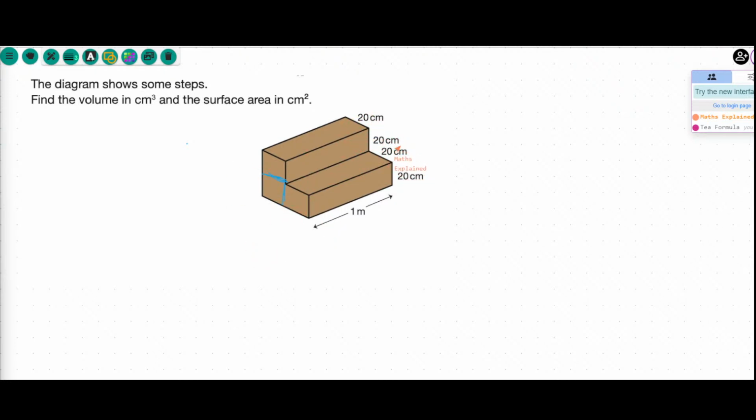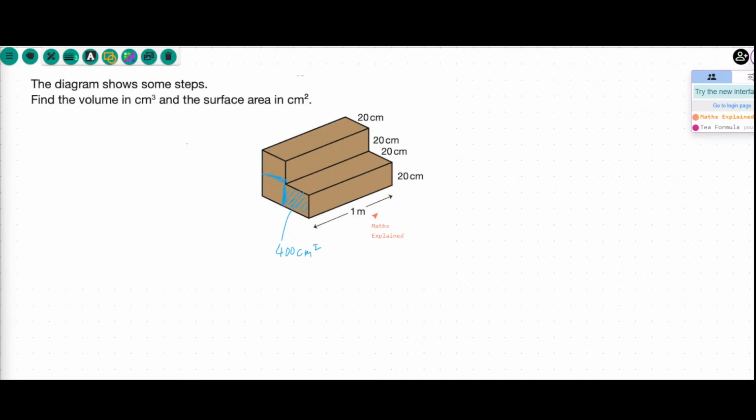They've given us all the dimensions. So the height is 20, the width is 20. So the surface area of the end here is going to be 20 times 20, or 400 centimeters squared.